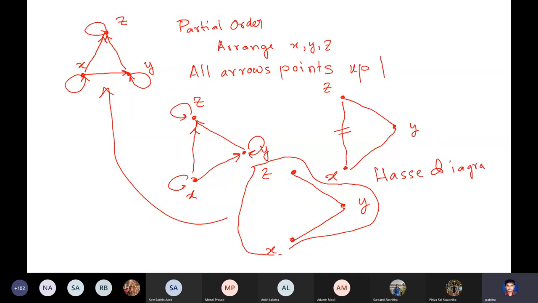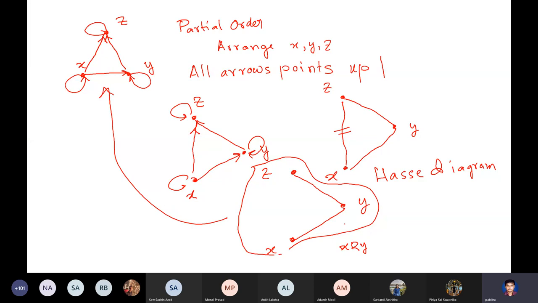It's kind of a graph-like thing where the nodes are the elements of the set and edges represent relations. In a partial order, if there is an edge, we sometimes say X is comparable to Y, because X is related to Y. Similarly, Y is comparable to Z. So you represent this partial order structure on certain sets by these Hasse diagrams.